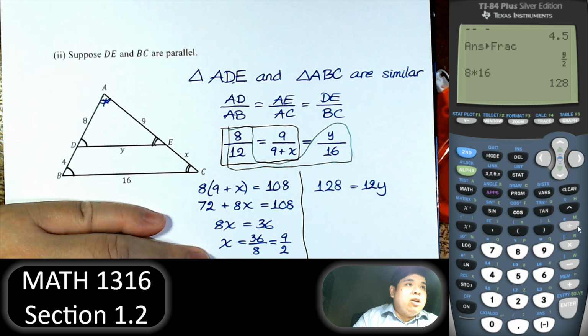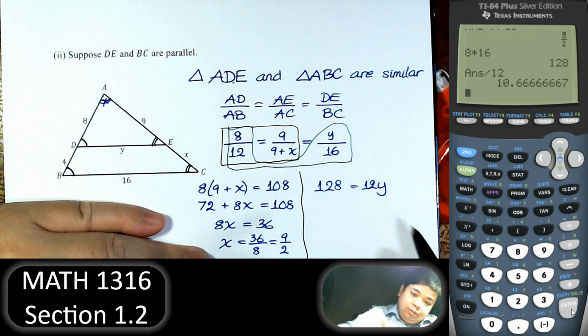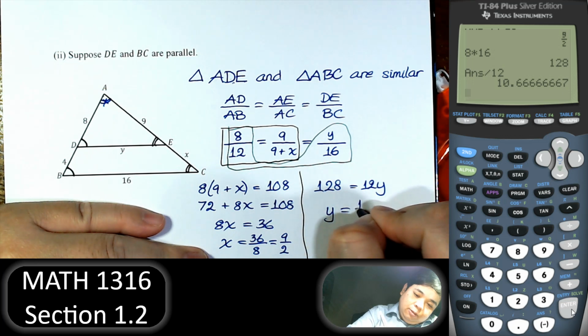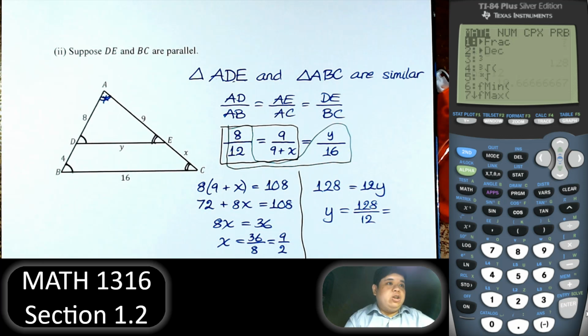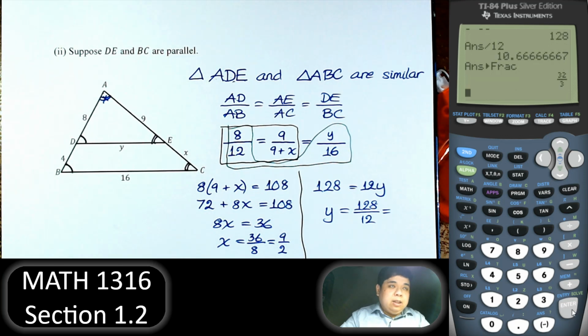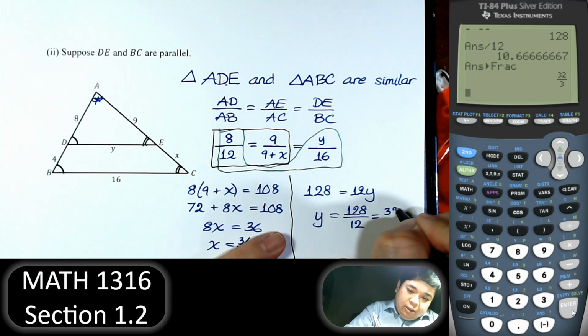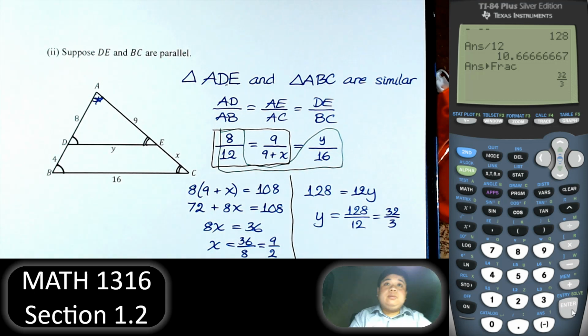And we just divide by 12, and convert to a fraction if we want to. 32/3. Right, so it's simple enough.